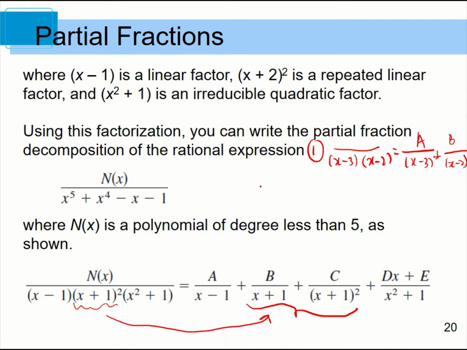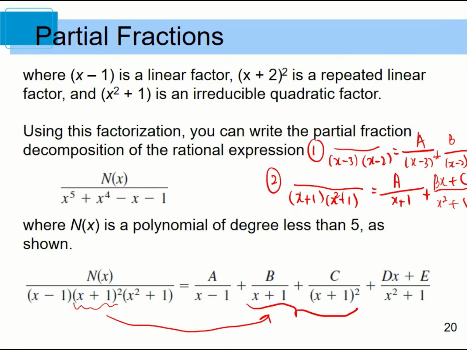The second type, for example, is x plus 1 and x squared plus 1. It can be decomposed into a over x plus 1, plus, since this is x squared plus 1, bx plus c over x squared plus 1.